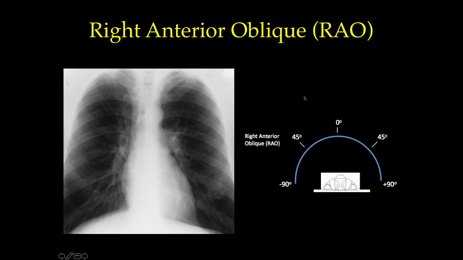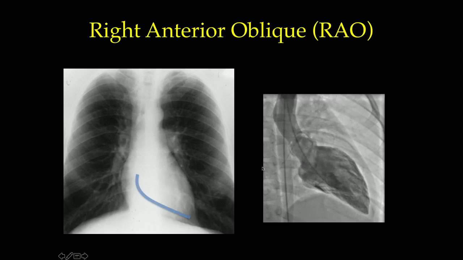Right anterior oblique is bringing the PA camera towards the right. And that is when we have a structure that's sort of coursing in this direction, passing from anterior to posterior and rightward, so coming out at you and going rightward. If we bring the PA camera over towards the right, we can get perpendicular to that.